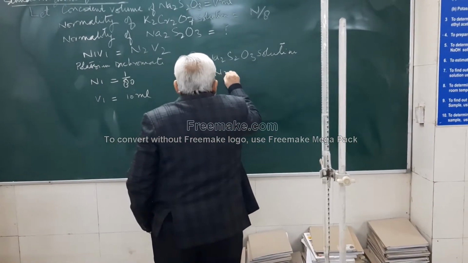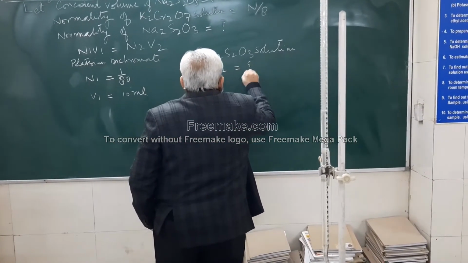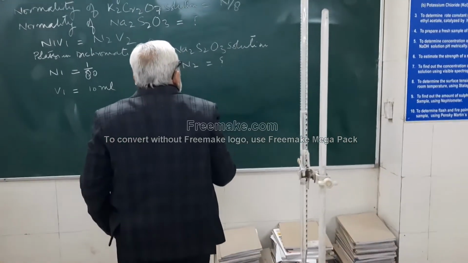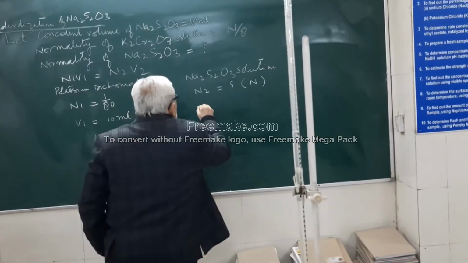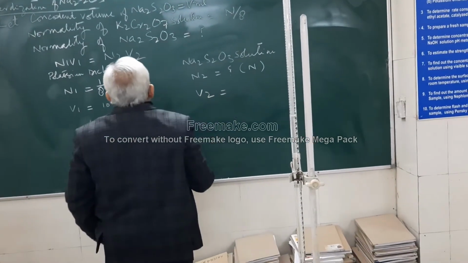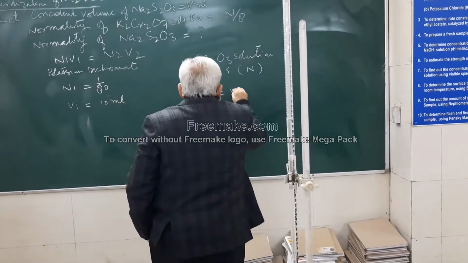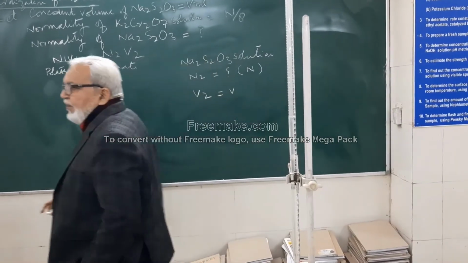N2 is unknown, let it be equal to N, and V2 is V ml, as we have assumed.